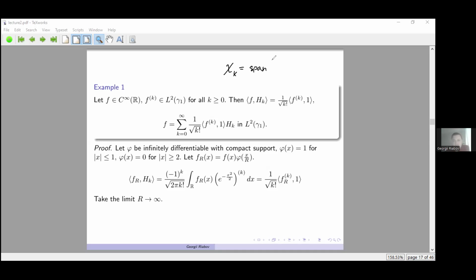It is the span of h_k, the k-th Hermite polynomial. It means that the projection of the function f on the space X_k is simply the inner product of f and h_k times h_k.